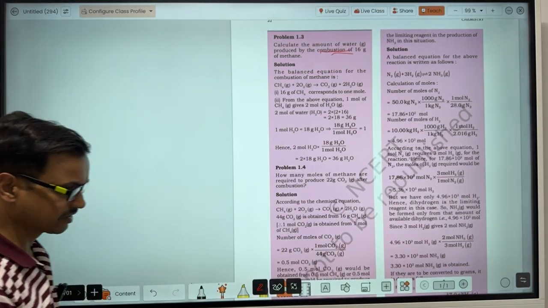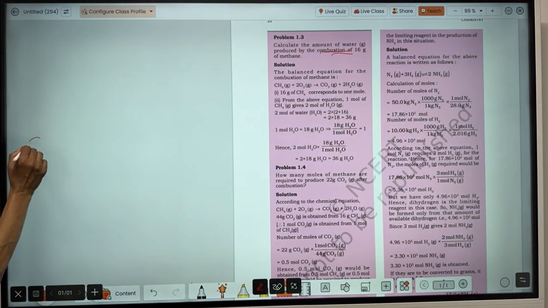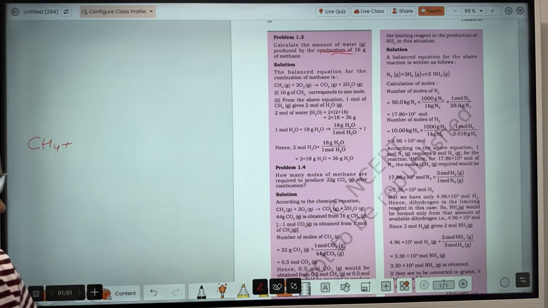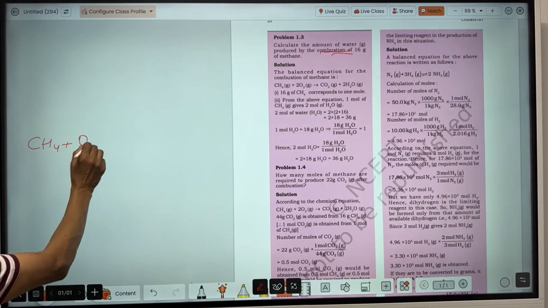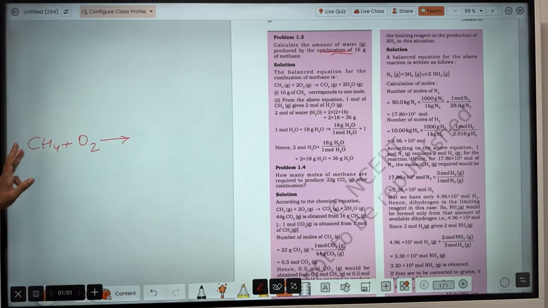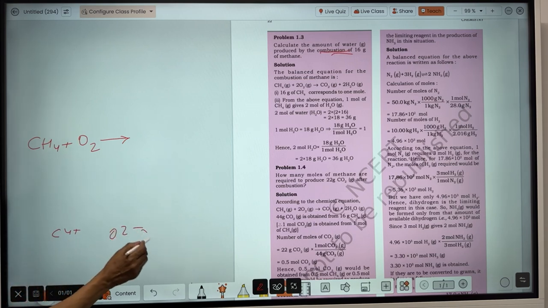So simply write the reaction. Methane, that is CH4. Combustion means that it will react with oxygen. So there will be formation of the compounds of carbon and hydrogen, that means the oxide of carbon and that of hydrogen. Carbon here is plus 4 valency and oxygen is minus 2, to make the charge equal, 1 carbon will combine with 2 oxygen.